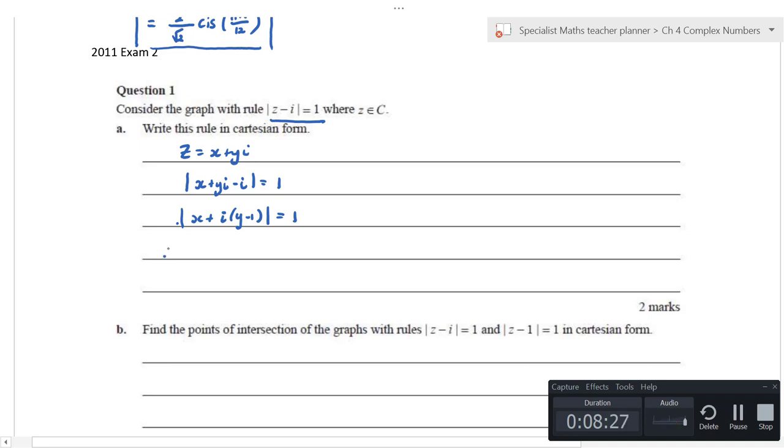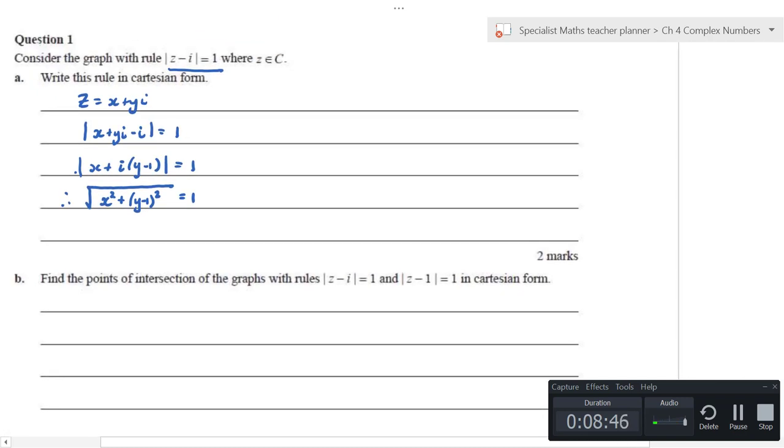So the magnitude of that is the square root of the real component squared plus the imaginary component squared. But that I is just the imaginary component, there's no I there. So we now square both sides, and we can say that x squared plus y minus 1 all squared is equal to 1.